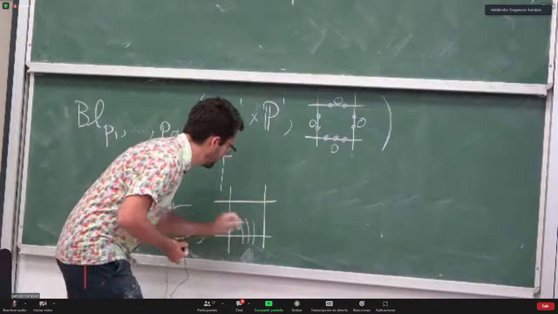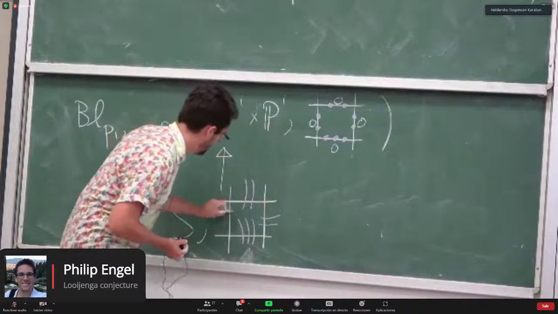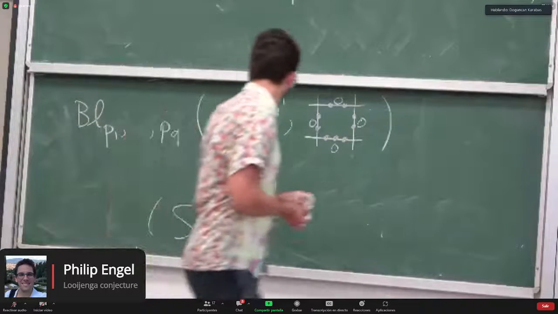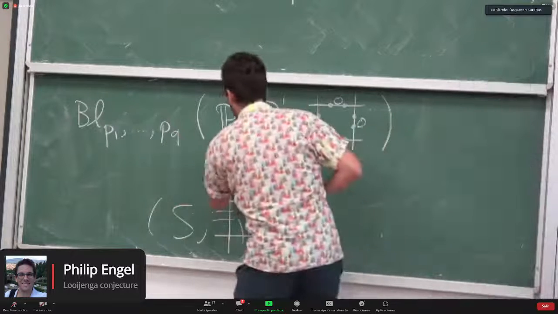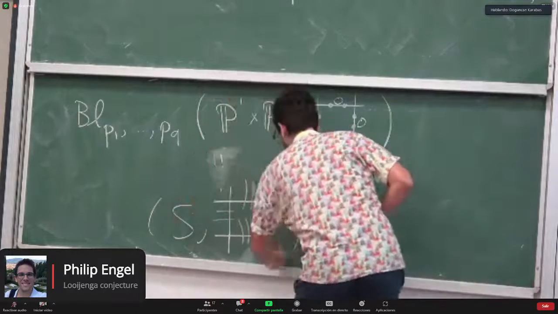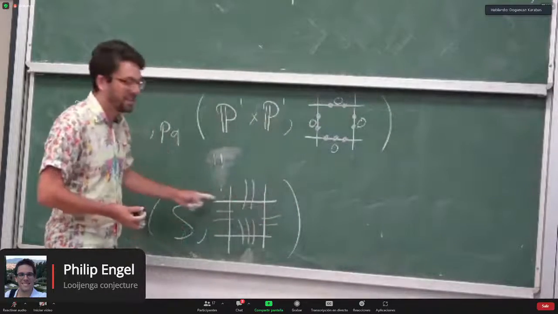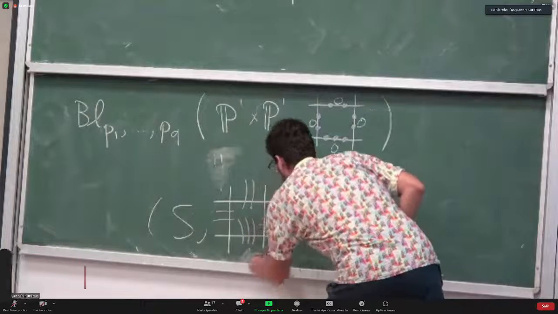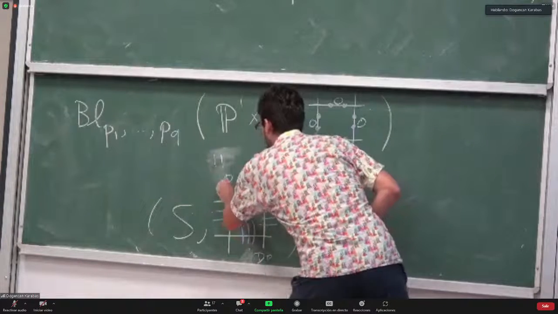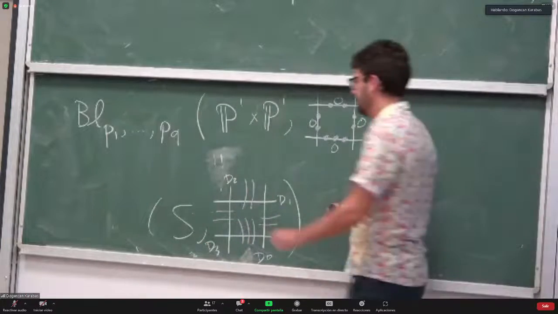So we get 3 CP1s here, 2 CP1s here, 2 here, and 2 here. Great. So that's our new surface that we get when we blow up. Now this has this white cycle here, which is an anti-canonical divisor. There's a D0, D1, D2, D3. So we have this cycle of length 4 on S.